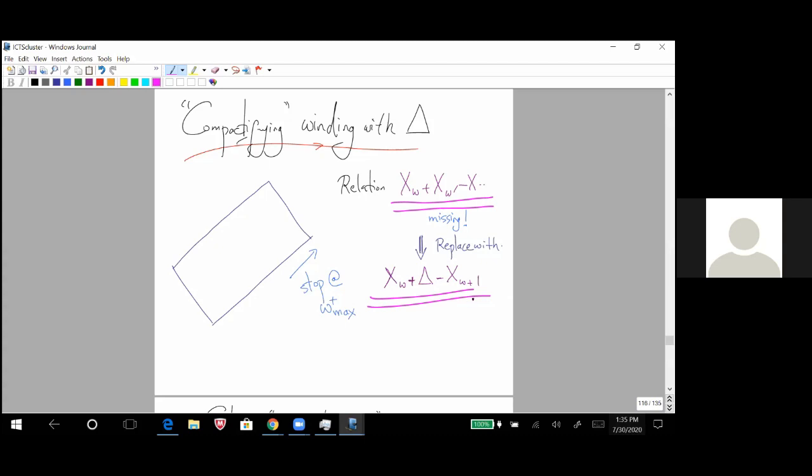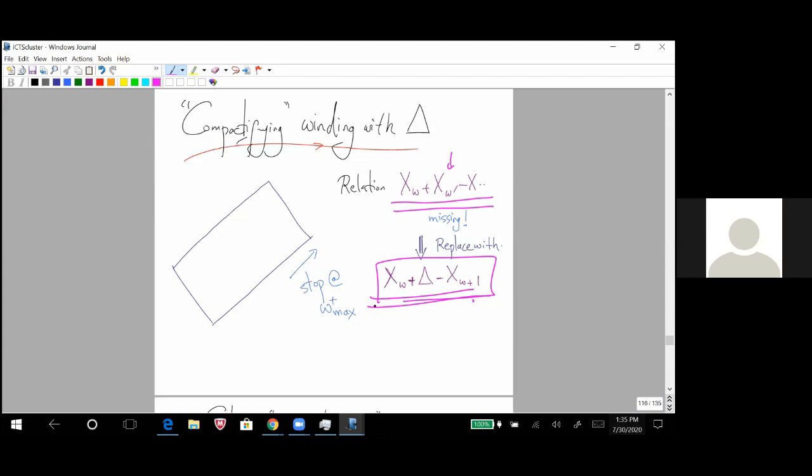See, this is exactly the relation that you would get from the top one if you just wrote the formula that x winding prime is equal to x winding minus 1 plus delta. So if you just literally took this formula and expressed the variable that went too far in terms of variables that you keep plus delta, you would get this relation instead. All right, so that's the first idea.